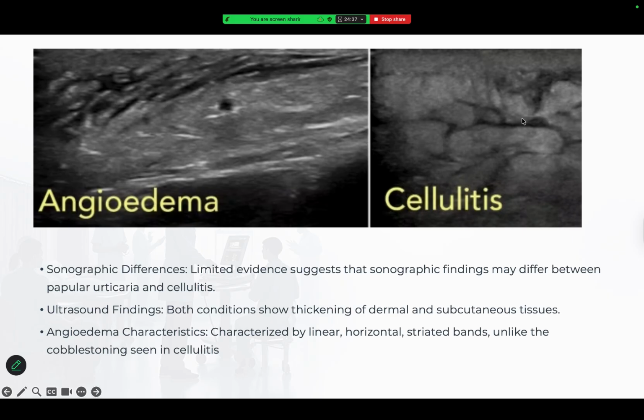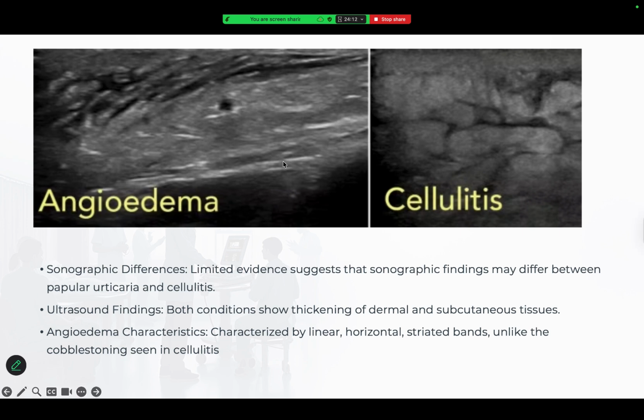Unlike in cellulitis, where there is no specific pattern: some are linear, some oblique. So in angioedema it is more structured, more linear and horizontal with striated bands. But again, there is very limited evidence that we can differentiate between them this way.